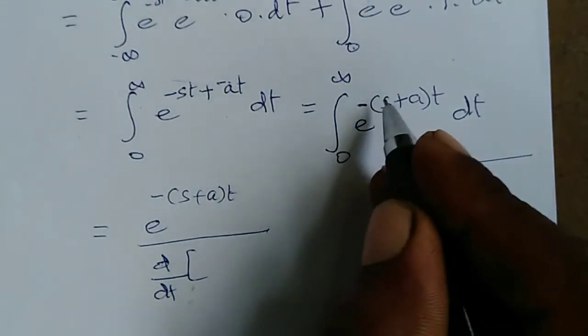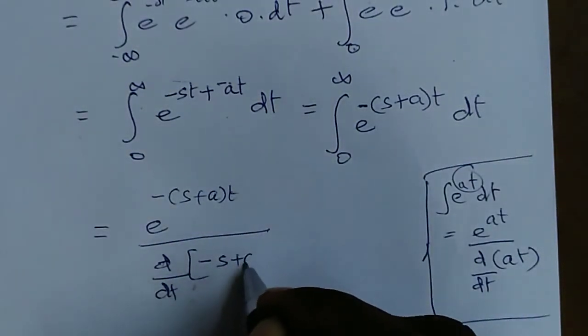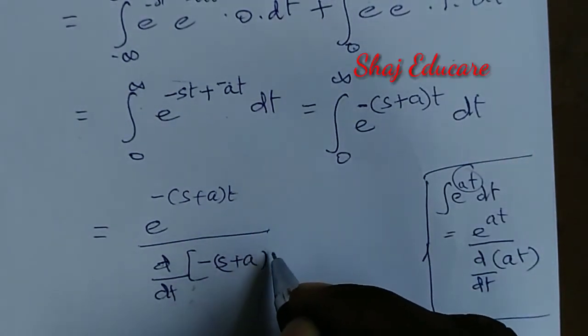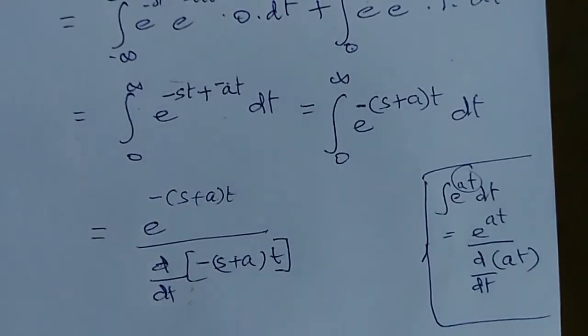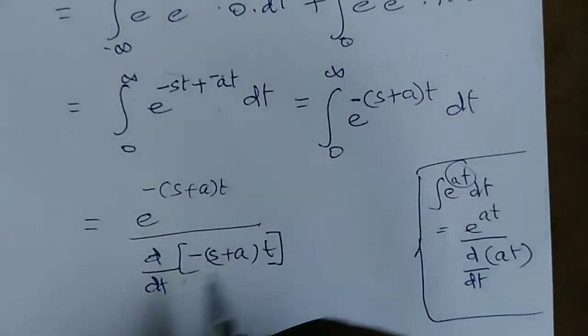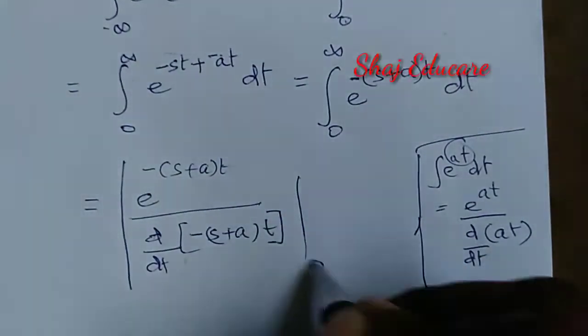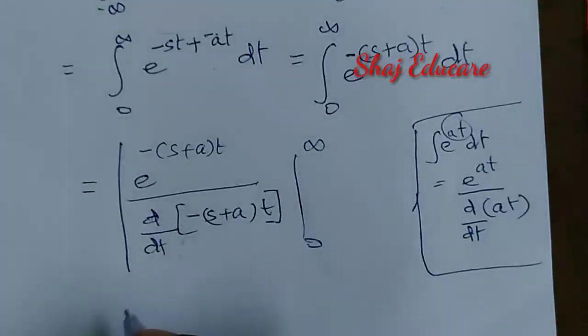Here we have minus s plus a times t, within that integration limit.